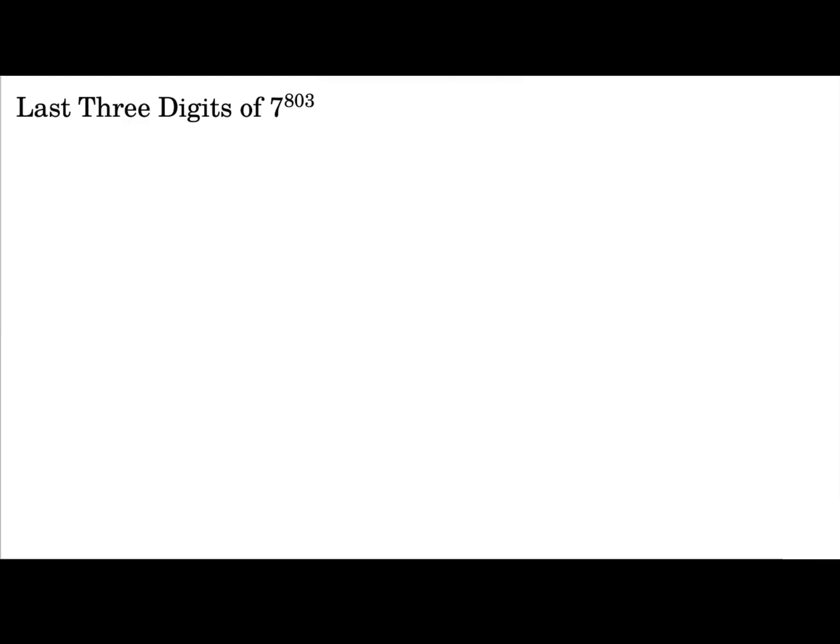Now notice that to find the last 3 digits, that's the same as computing 7 to the 803 mod 1000, right?